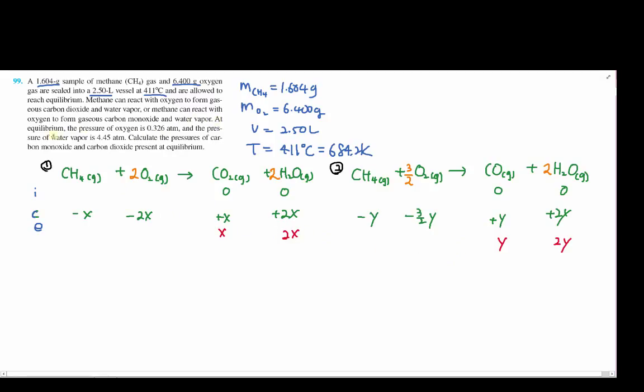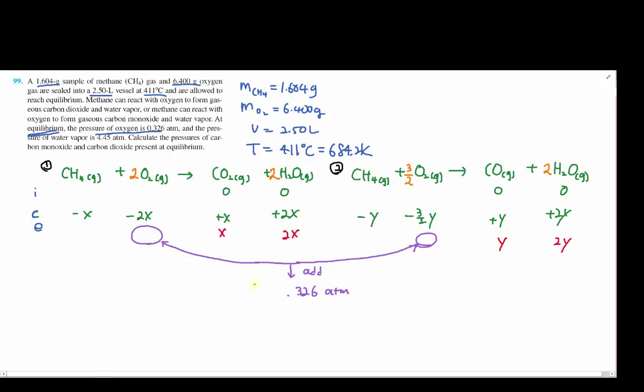What else is given? They tell us at equilibrium the partial pressure of oxygen is 0.326. This is important. But you have to be careful, because it's a combination of this and that. When you add these together, you get 0.326 atm.